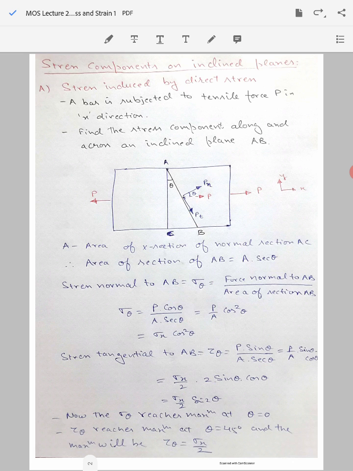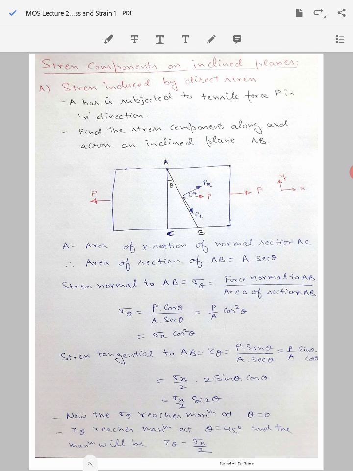So this is going to be the value of tau theta, which is sigma x by 2 sine 2 theta. So in this way, by resolving the forces perpendicular and parallel to the plane where we want to find the value of normal and tangential stress, we can calculate the value of stresses acting perpendicular and tangential to the plane in question.